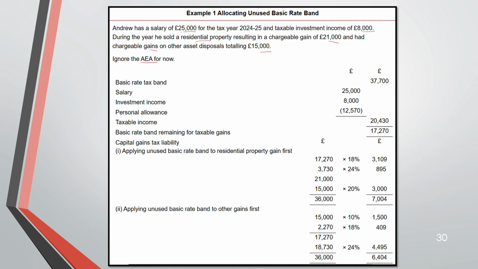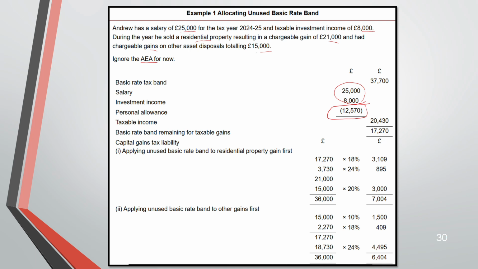So basic rate band is 37,700. Our salary was 25. Add investment. Do not take the chargeable gains of other assets and residential, only investment and salary. And deduct your personal allowance, because we want to find what is the basic rate band remaining.